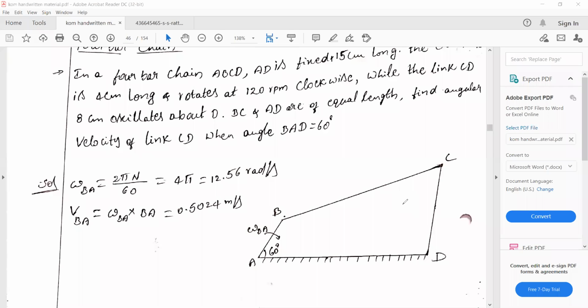In a 4-bar chain mechanism, all of you read the problem. In a 4-bar chain ABCD, AD is fixed and 15 centimeter long.